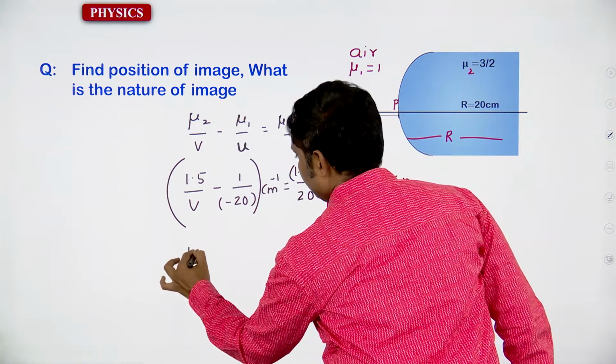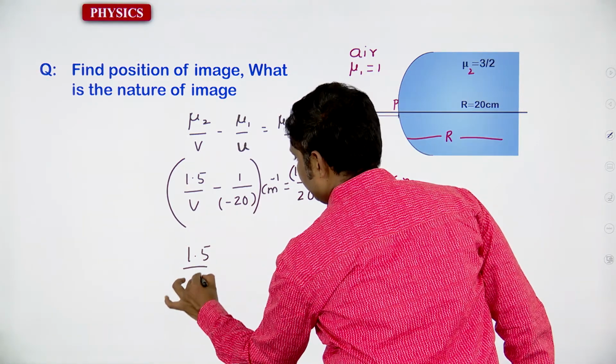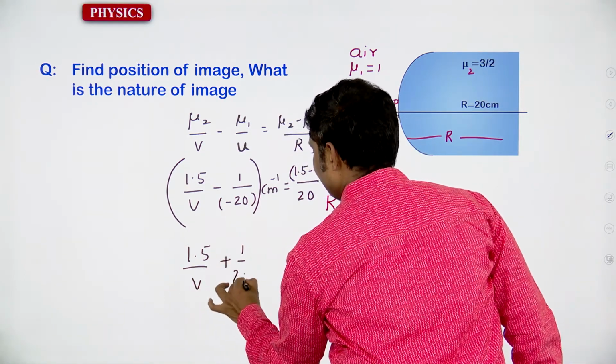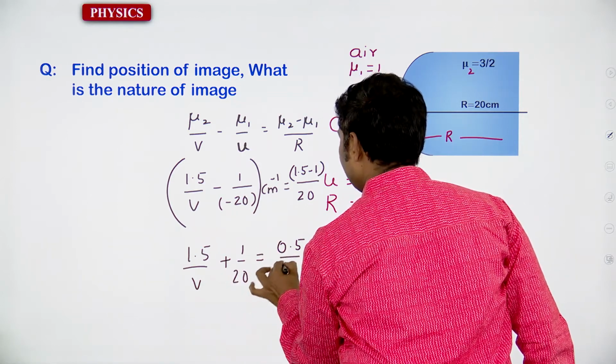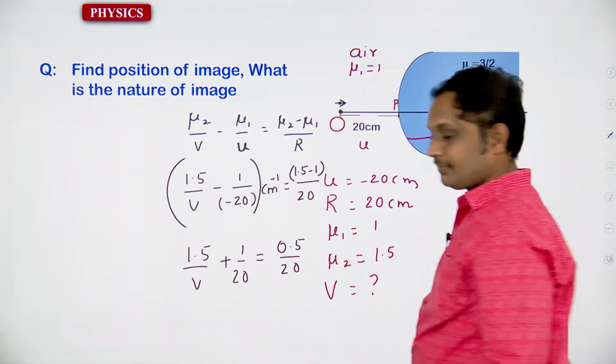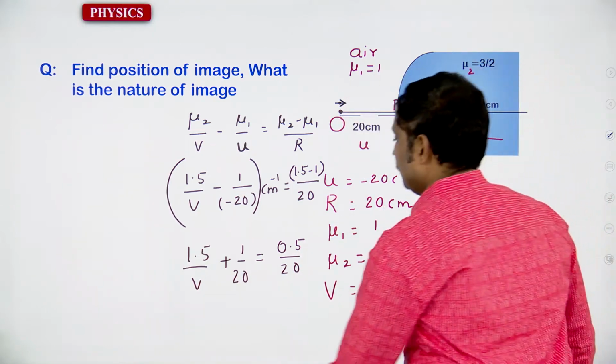This is going to give 1.5 by V plus 1 by 20 is equal to 0.5 by 20. All right, so you will get that.